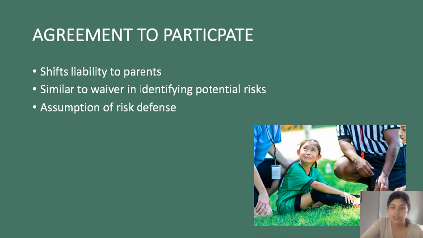If you actually have written documentation that a parent agreed to have their child participate, that could be useful in terms of a defense. Again, it's important to consider the laws in the state that you're working, but oftentimes these agreements to participate are more helpful as a defense in a negligence claim than a waiver that, again, we basically said is useless if it's signed by the parent on behalf of the child.